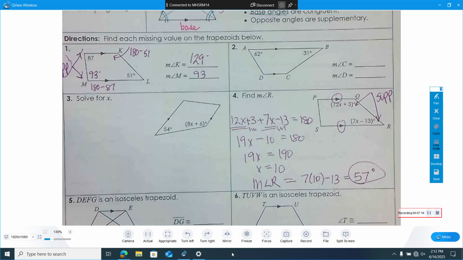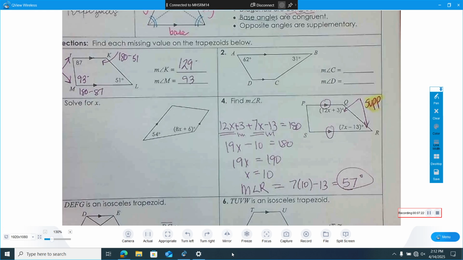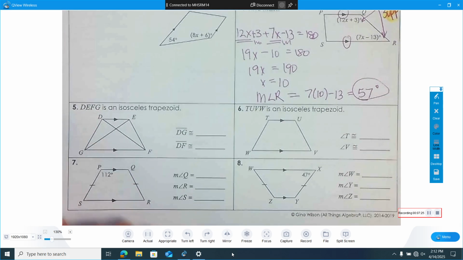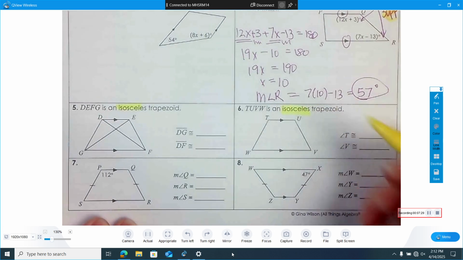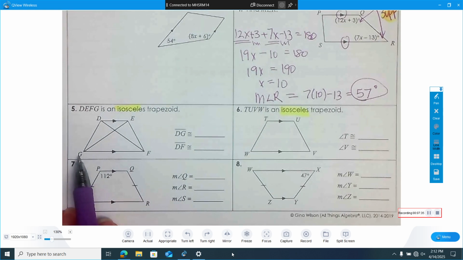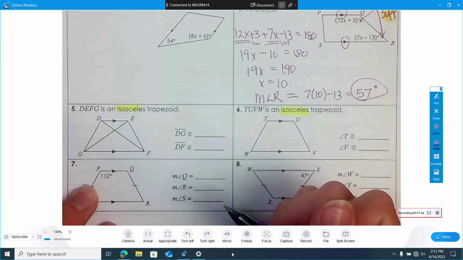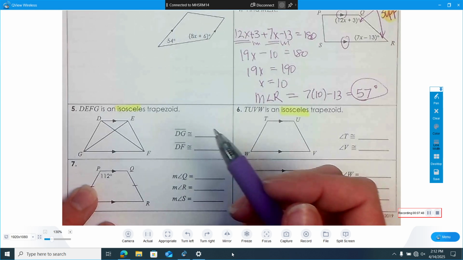Okay, so those are just regular trapezoids. All we really have is that things are supplementary. But when we get down to isosceles trapezoids, we have a lot more going on, a lot more to pay attention to. DEFG is an isosceles trapezoid. If it's an isosceles trapezoid, what should I mark on my picture? What about the legs?